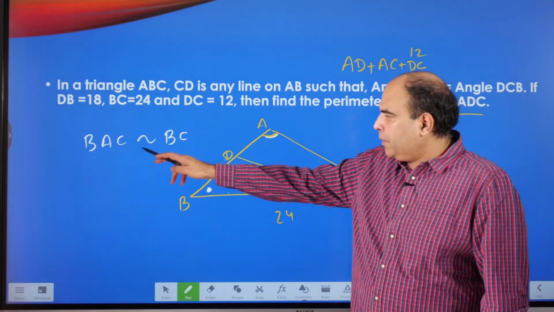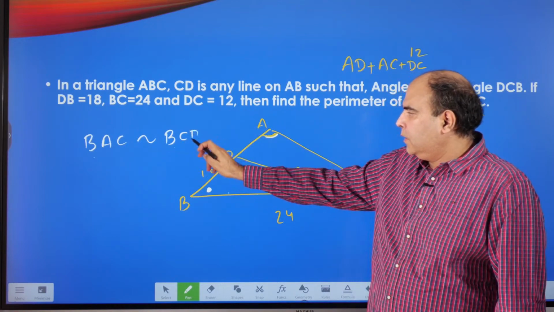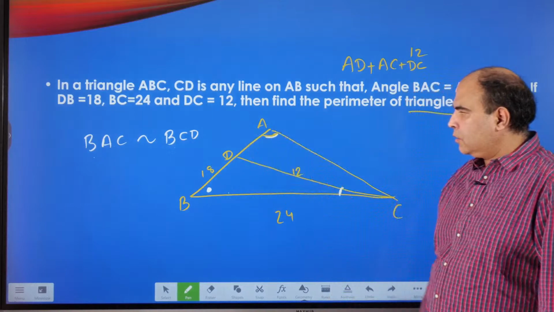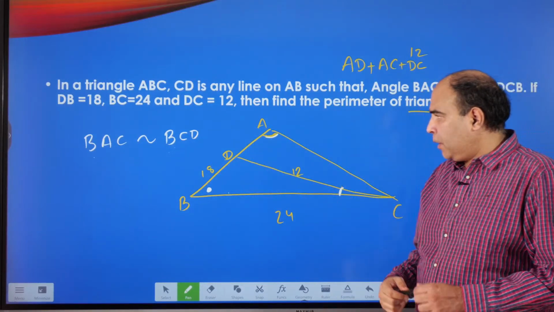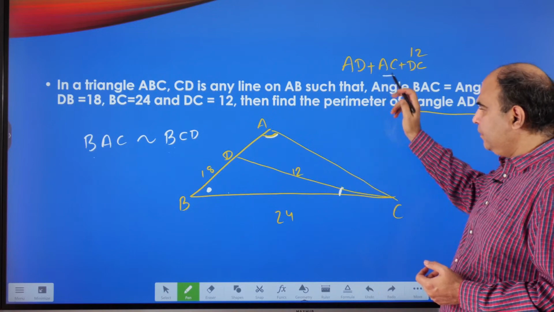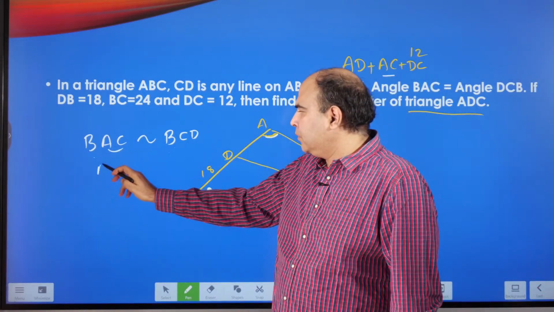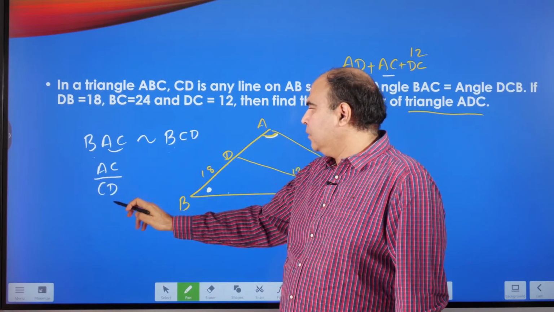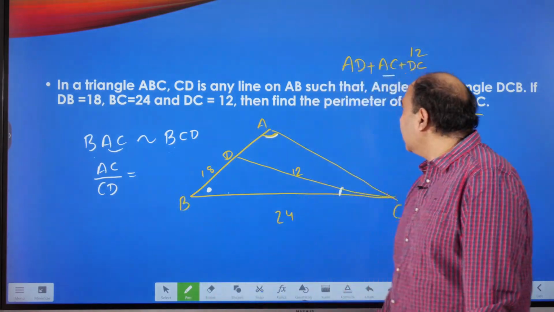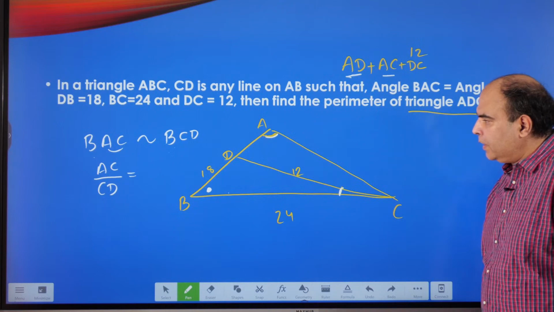So B is common, so the B angle is same, C angle in this triangle is same as the A angle in that triangle, so BAC and BCD are similar. So now my targets are to find AC. So in this I've got AC, the three equalities, AC upon CD. My other target is to find AD, right?